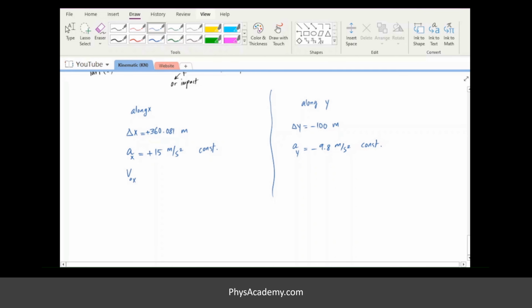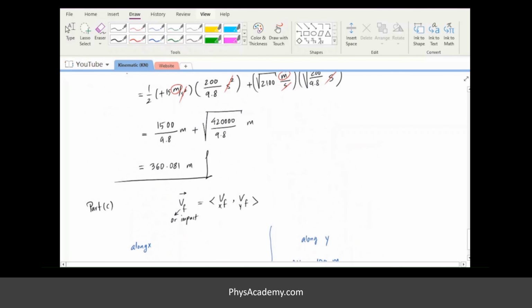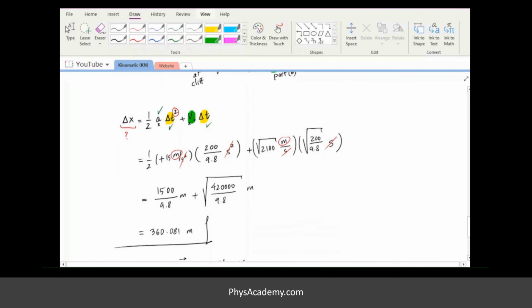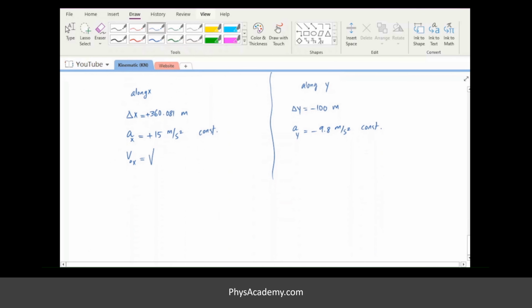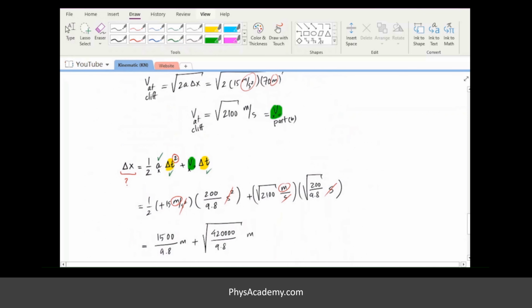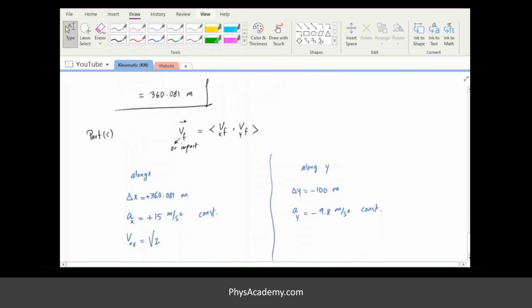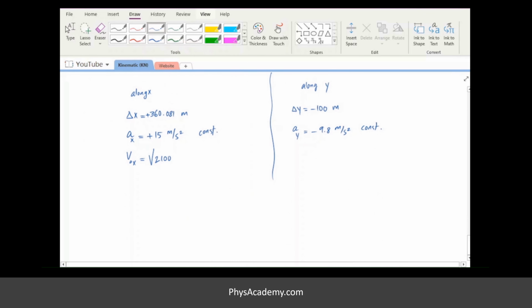Initial velocity along the x-axis or at the cliff is the square root of 2100 meters per second. The initial velocity along the y-axis at the cliff is 0. And we want to find the final velocity along the x and y axis.